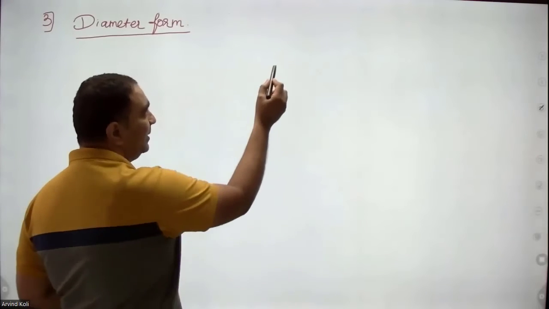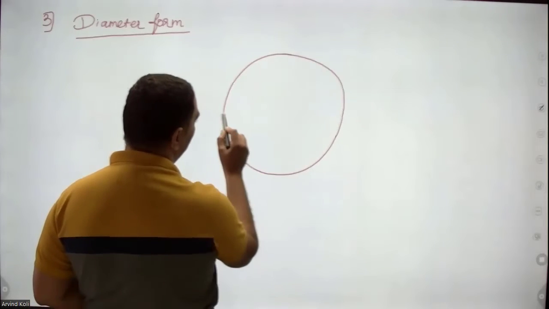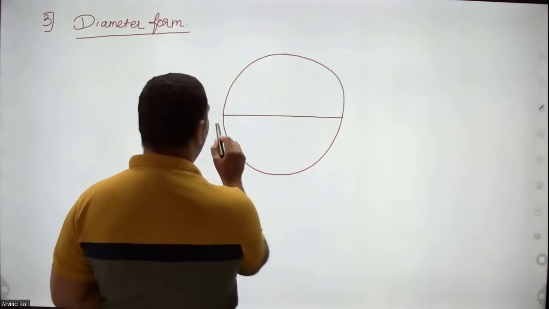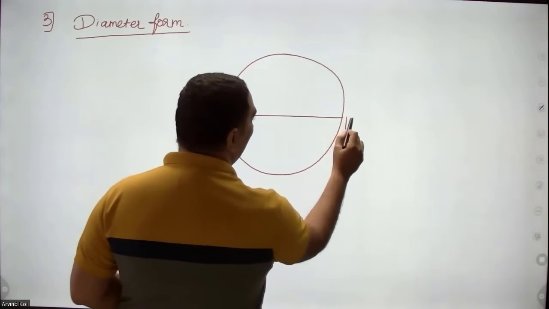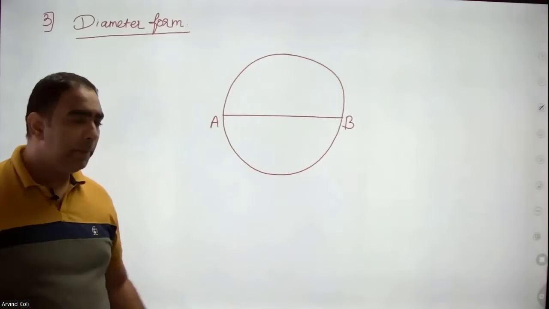So let us consider a circle and its diameter. So we'll say we have a circle with diameter AB.